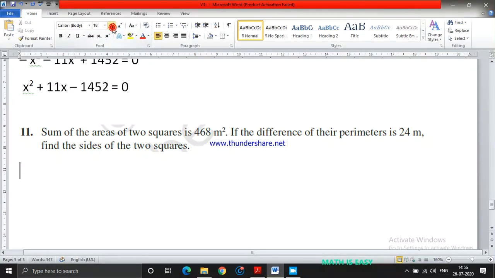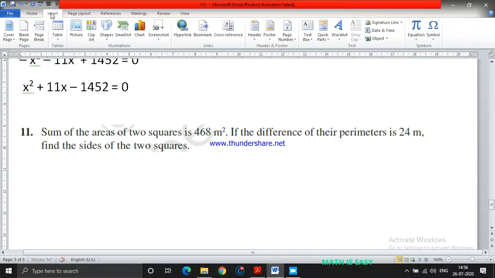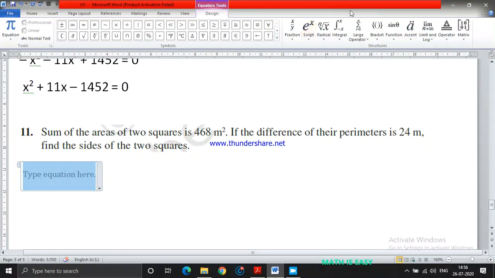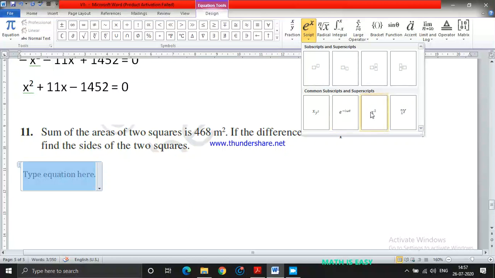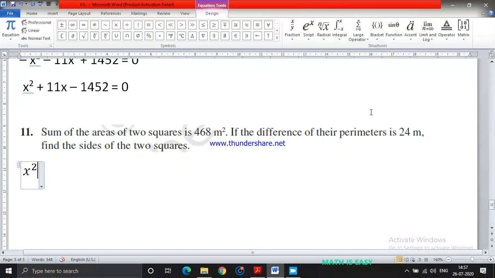The area of the square is side square, right? So the first square's side length is x, so area will be x square, plus the second square's side is y, so area will be y square. Sum of the areas is 468. This is condition 1.